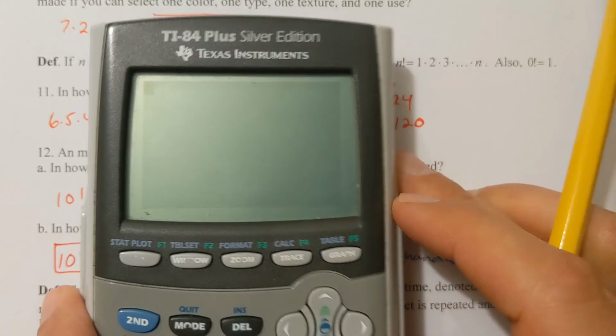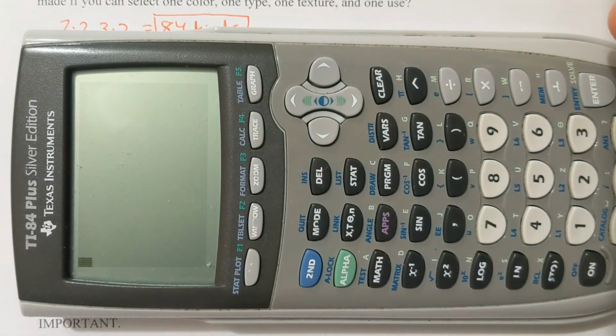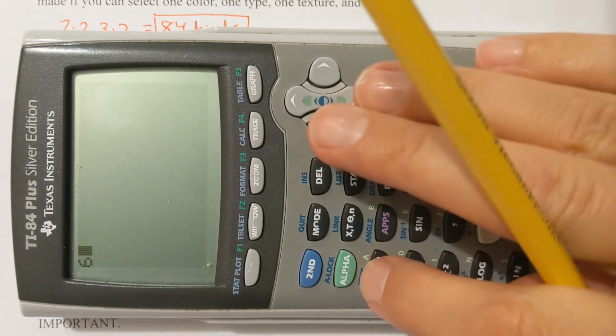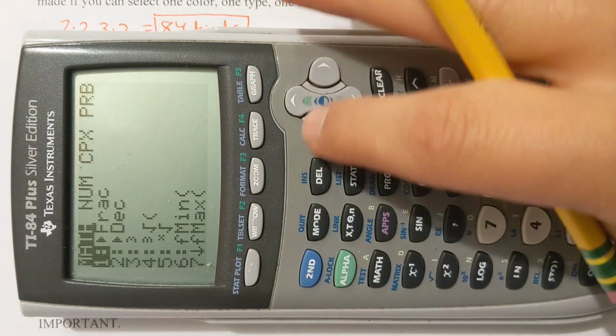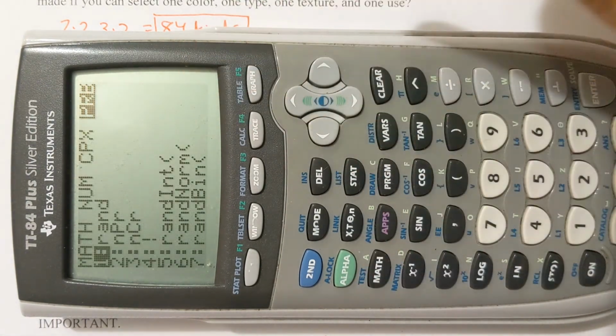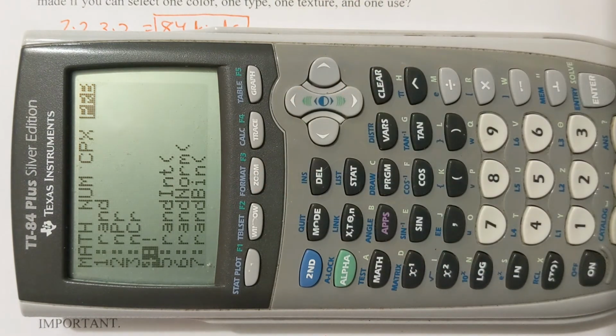And if I just show you here on the 84 version, if I hit math and then go over to PRB, here's the factorial sign.